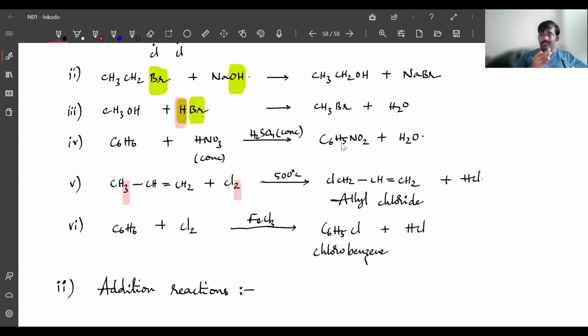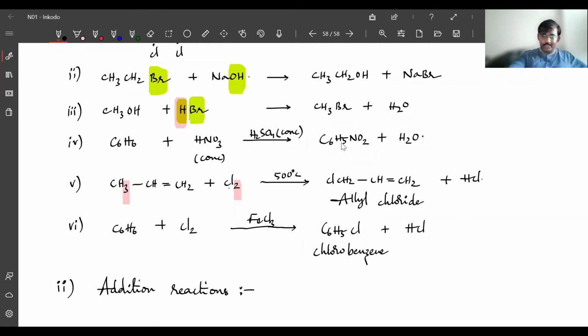That means it will become a saturated carbon. So the unsaturated molecule after the addition reaction becomes a saturated molecule. You have to remember that: during addition reactions, unsaturated compounds become saturated compounds.